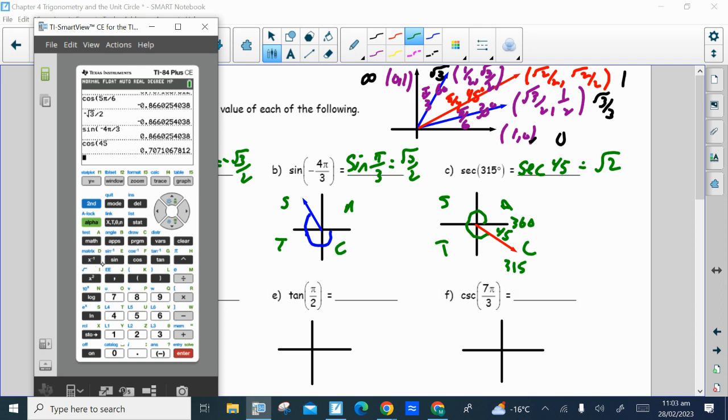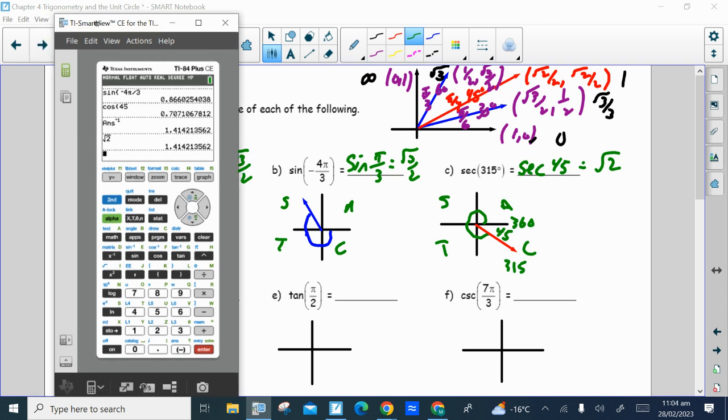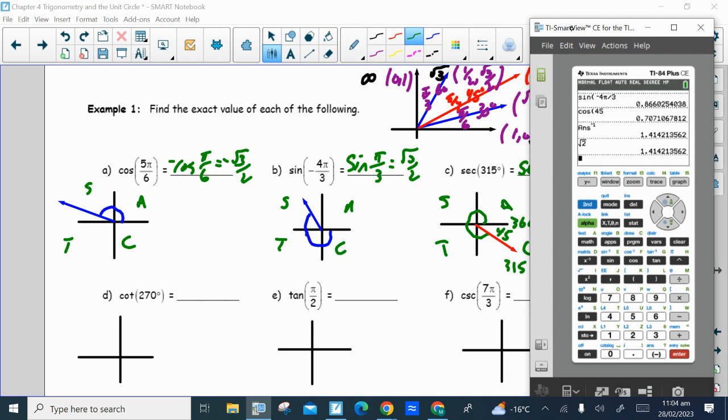You can go 1 divided by the previous answer, or if you go x to the negative 1, it'll do that. It takes the previous answer to the power negative 1, which is 1 over the answer to the positive 1. So that's what you get, which is equivalent to the root of 2 when you're checking it. Same decimal. So we know our answer is correct, but now we have the answer as an exact value, not a decimal.